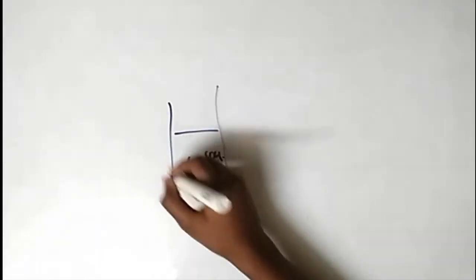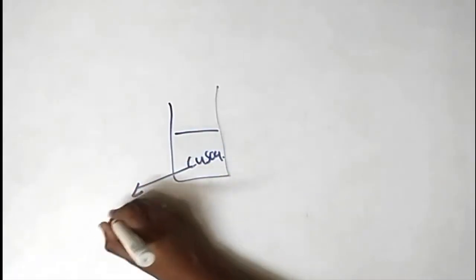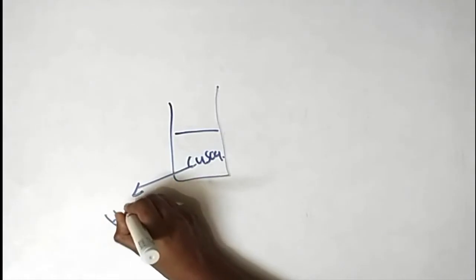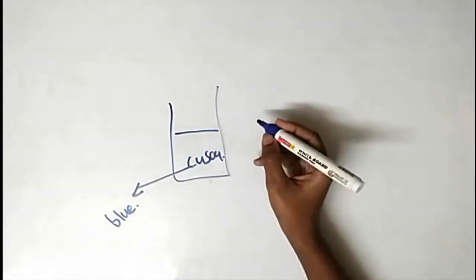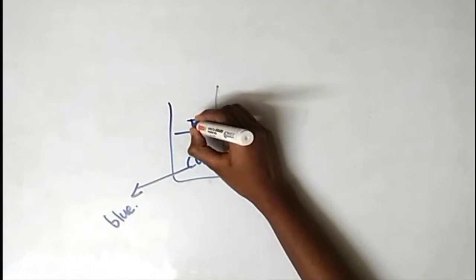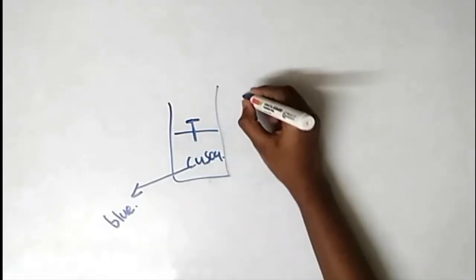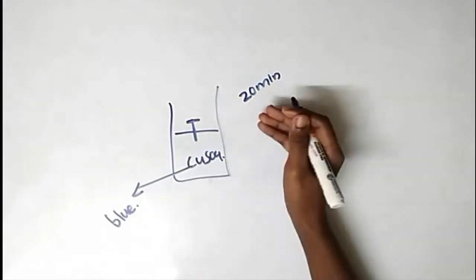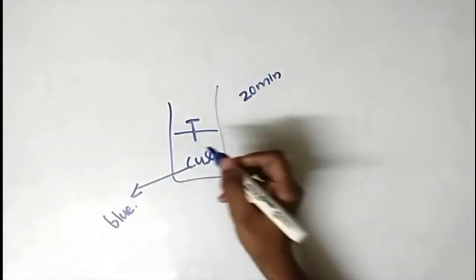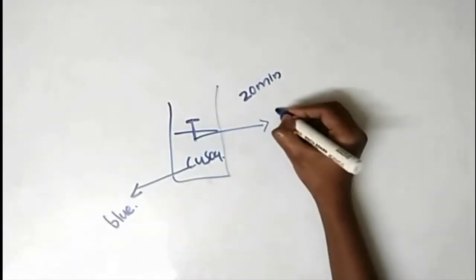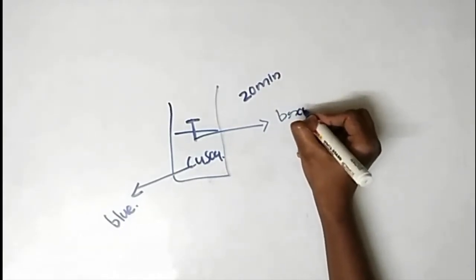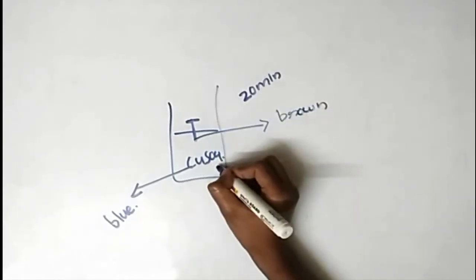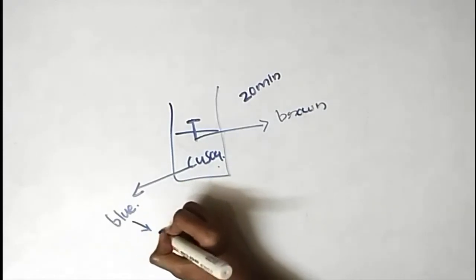We already know that copper sulfate solution is blue in color. Dip an iron nail in the copper sulfate solution for 20 minutes. After 20 minutes, we can see that the iron nail changes to brown and the blue color of the copper sulfate solution fades.